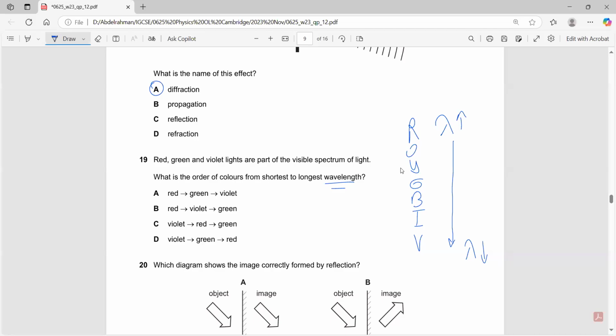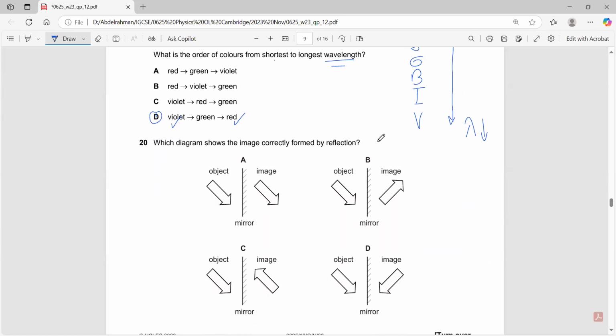So we want to put them in the correct order, from shortest to longest wavelength. Red is the longest wavelength, so red has to be here, which is D, right? Violet is the shortest wavelength. Yes, so it is D.